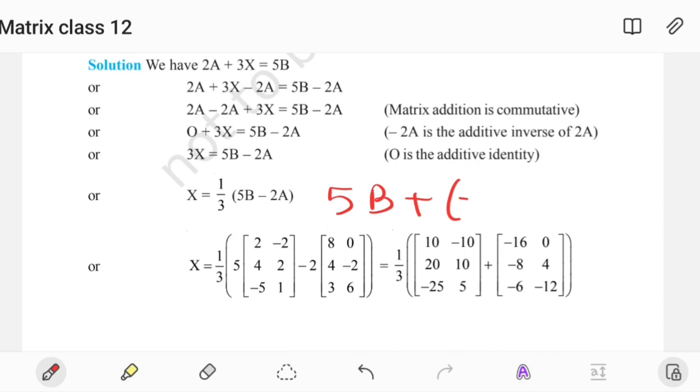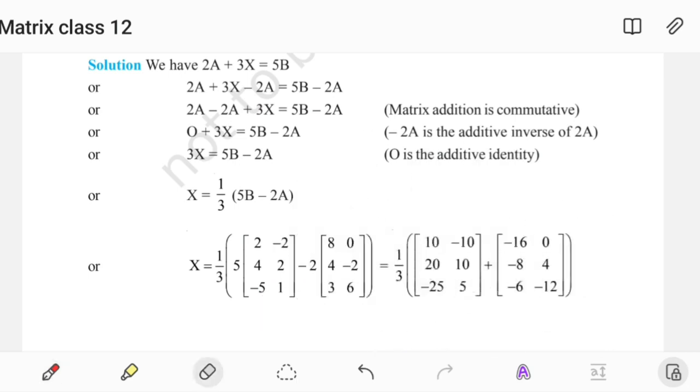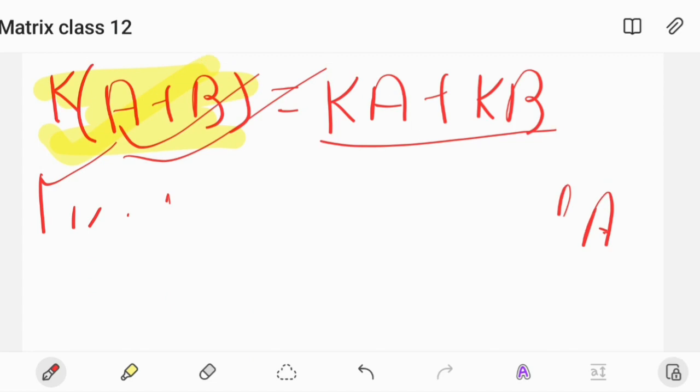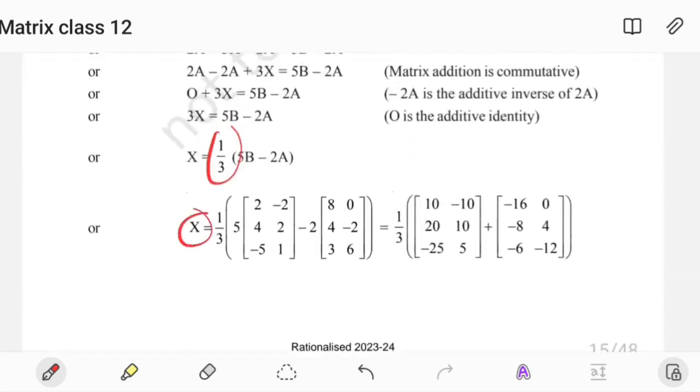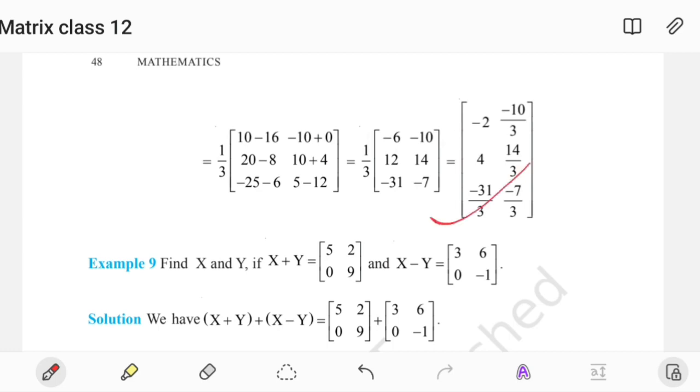I get this, right? And this is equal to what? This is equal to 5b minus 2a, right? After doing this operation, I will multiply it with the scalar 1 by 3, and what I get as the resultant is my x matrix. You can see here, this is my x matrix.